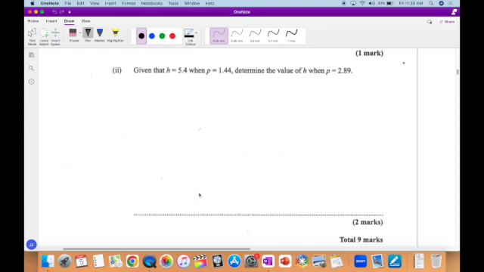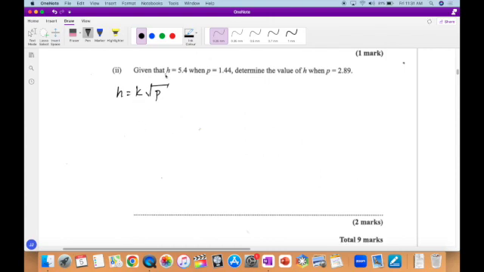Given that h is 5.4 when p is 1.44, determine the value of h when p is that. So remember the equation, h is equal to k times the square root of p, right? And really what this question is about is finding k.